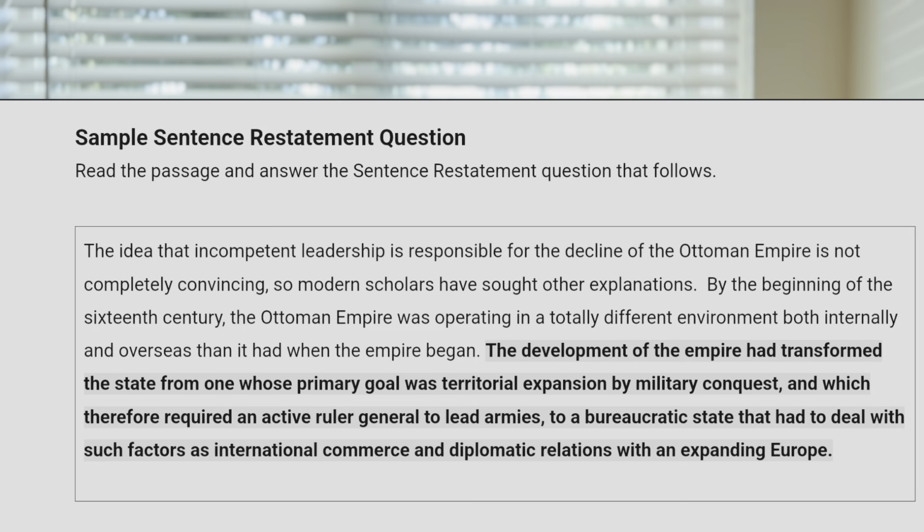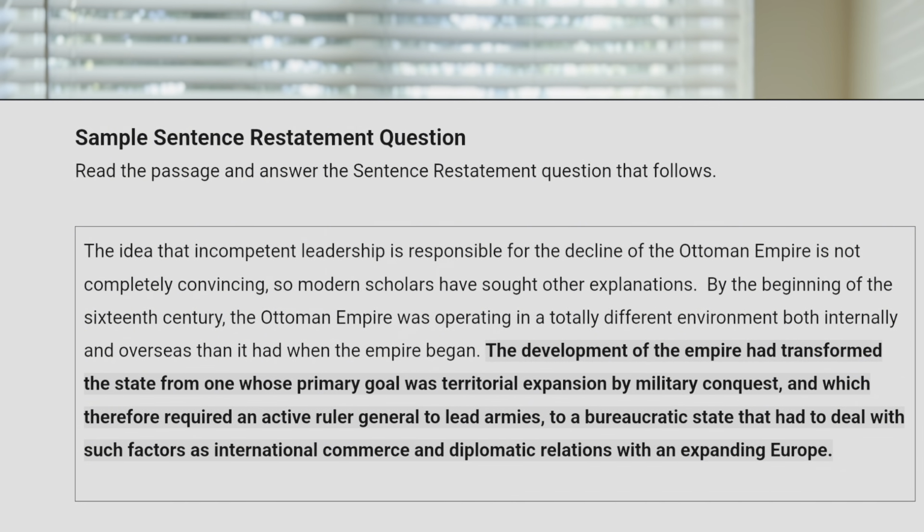This passage is about how incompetent leadership as the reason for the decline of the Ottoman Empire is not completely convincing, so modern scholars have sought other explanations. So this is the passage actually. Beginning in the 17th century, the Ottoman Empire was operating in a totally different environment, both internally and overseas, from when the empire began.